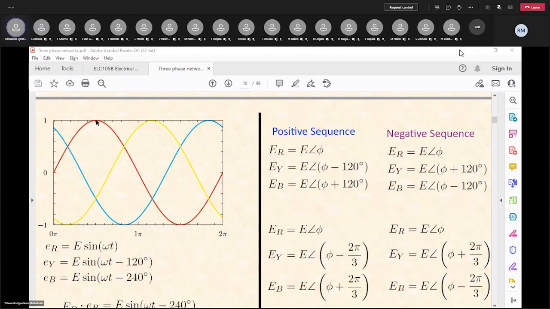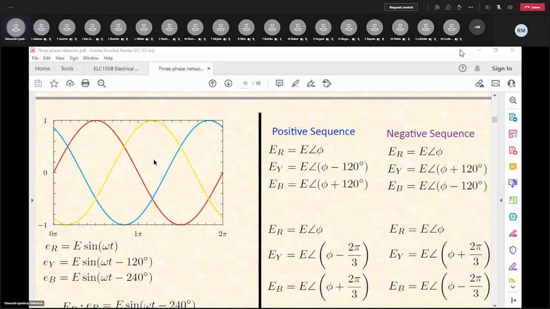And of course, if you take it from the red phase to the blue phase, you will see that the total is 240. So it would peak 240 degrees later than the red phase, or 120 degrees later, it would lag the yellow phase by only 120 degrees.